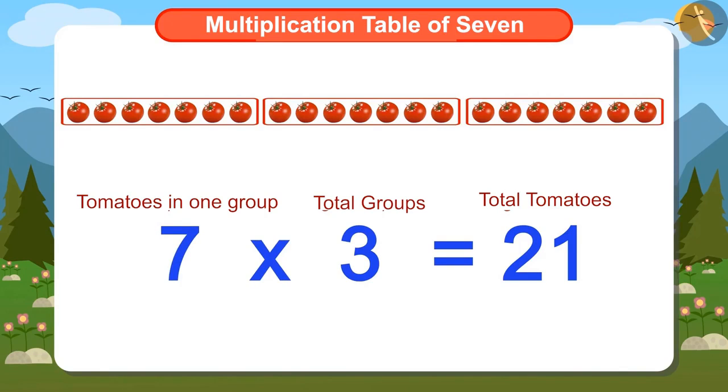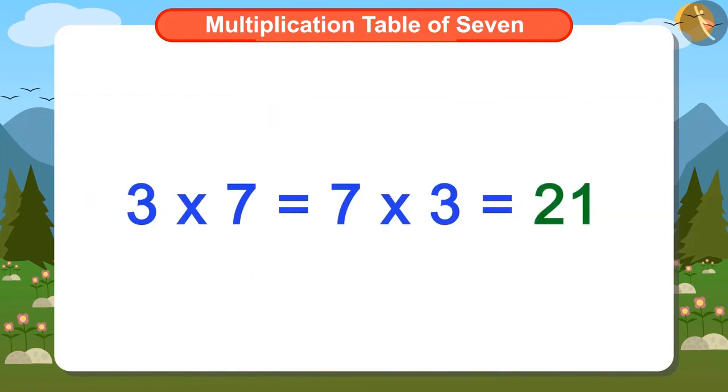Now observe that the number of tomatoes are still 21, but there are 7 tomatoes in one group and the total number of groups are 3. This means that whether 3 is multiplied by 7 or 7 is multiplied by 3, the answer will be 21.